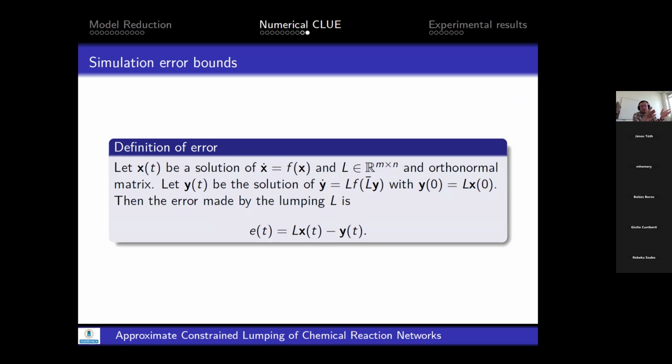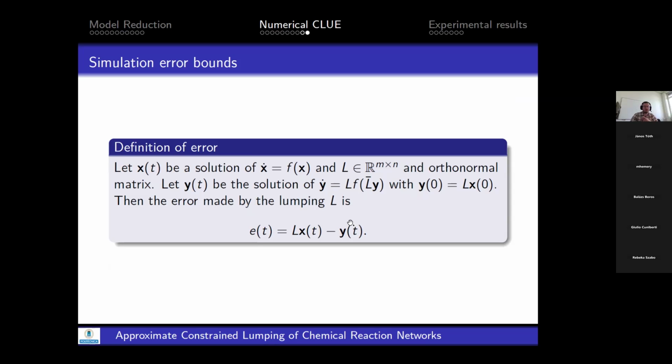If we have an exact lumping, this will be the reduced system. If you don't have an exact lumping, this equality is not correct, right? So there will be a difference between what you get when you take a solution to the system and do the linear combination, and the new variables that you get.